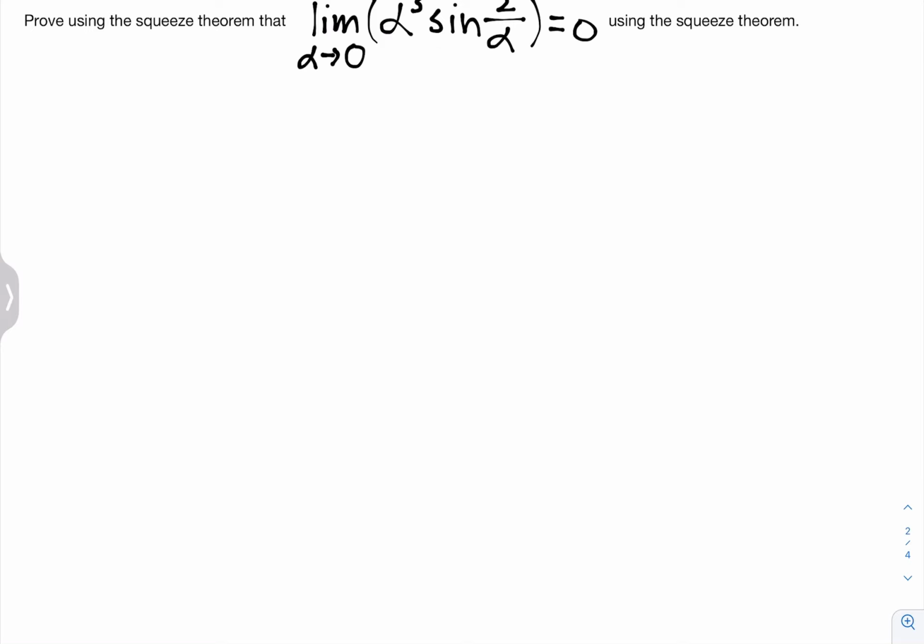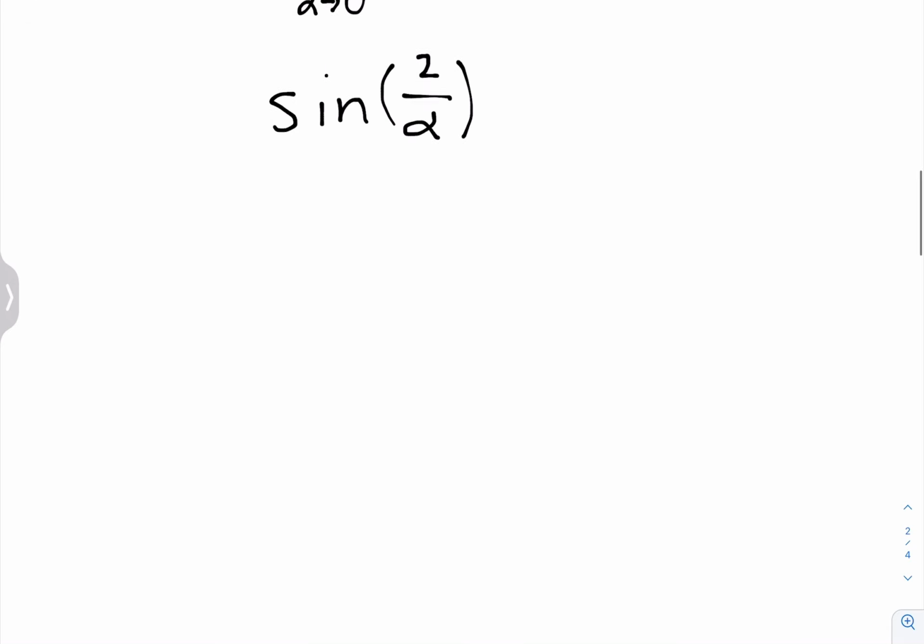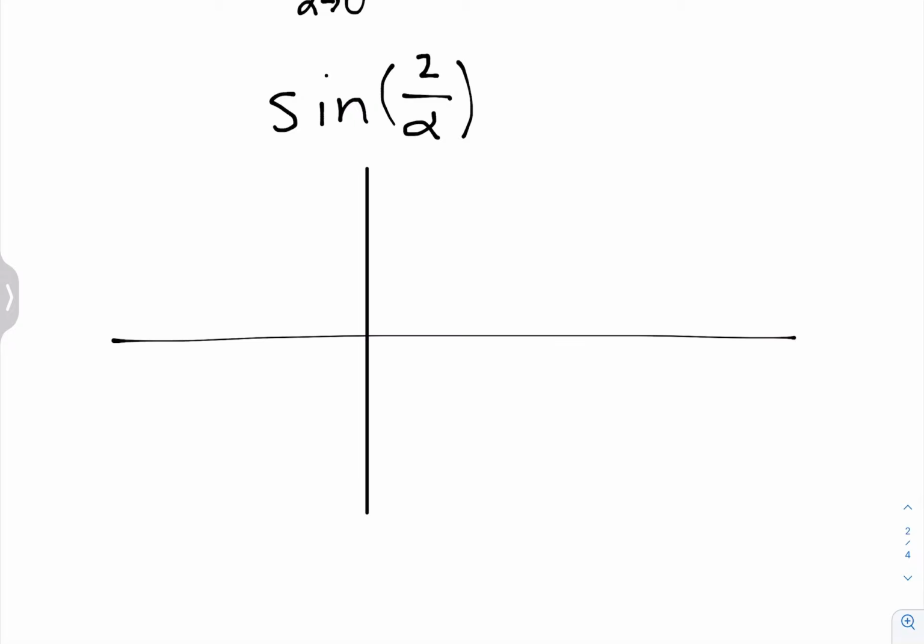So what we know is that the sine of 2 over alpha, for any constant, any scalar for alpha, is just going to be somewhere between -1 and 1. So even though 2 over alpha looks kind of weird, it's not just like sine of x.